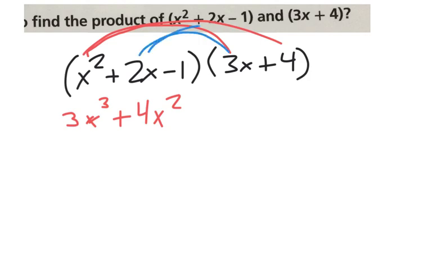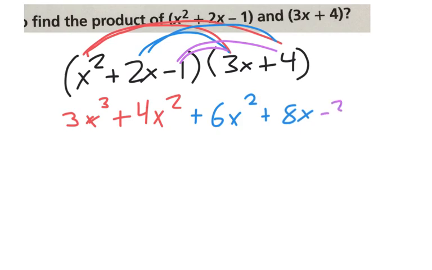Now I'm going to multiply the 2x by everything in the second parentheses. 2x times 3x is 6x squared. 2x times 4 is 8x. This is a long problem. Now we're going to do -1 times everything in the second parentheses. -1 times 3x is -3x, and -1 times 4 is -4.